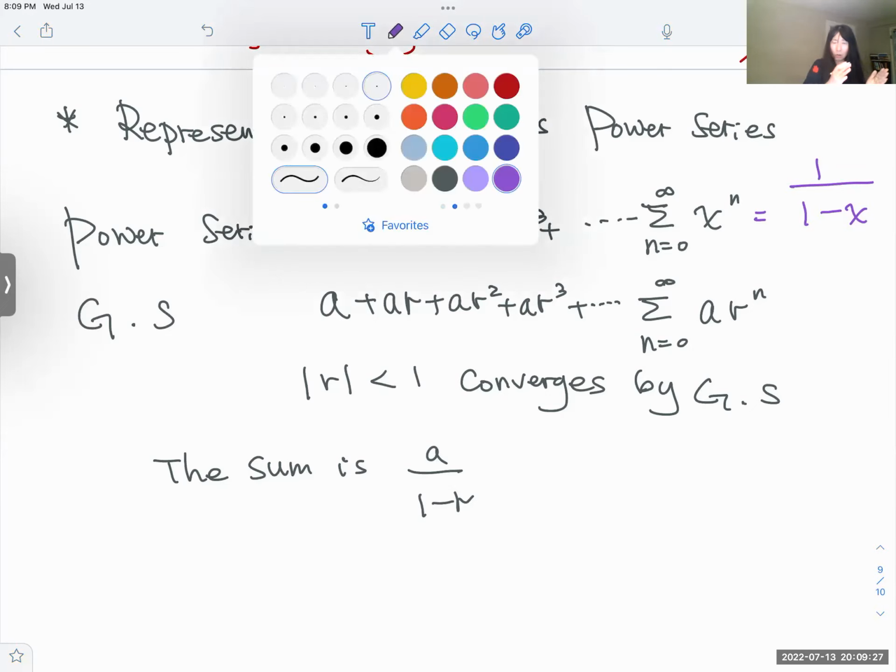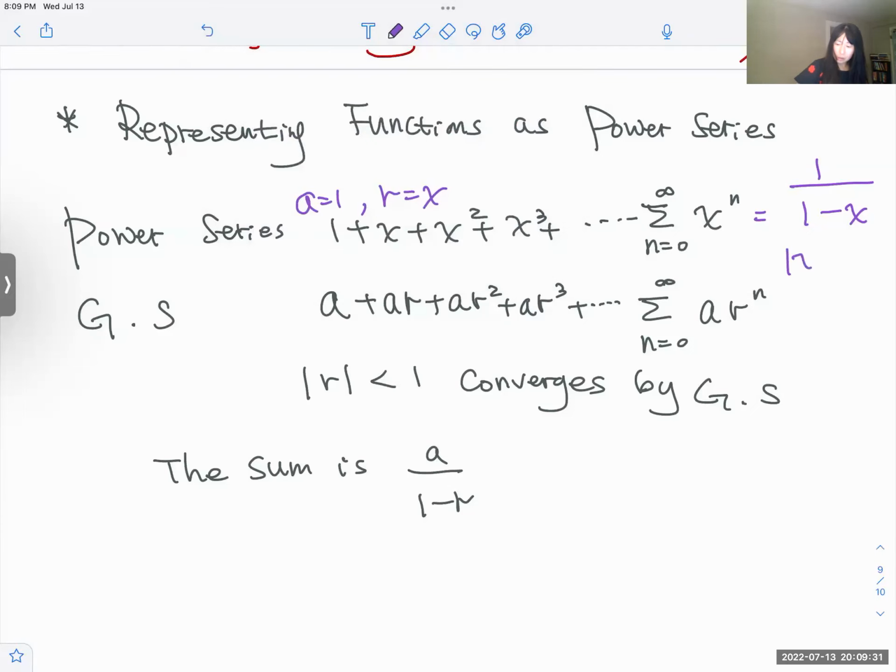We follow the same format as the geometric series here.